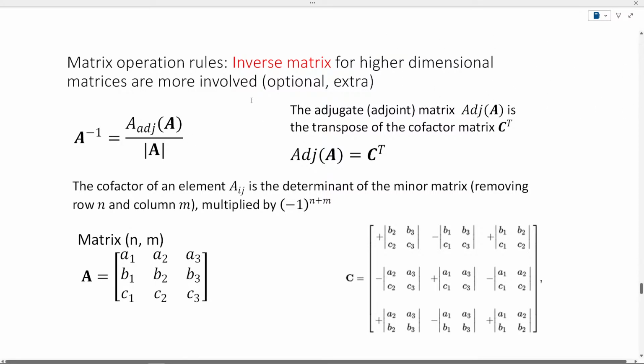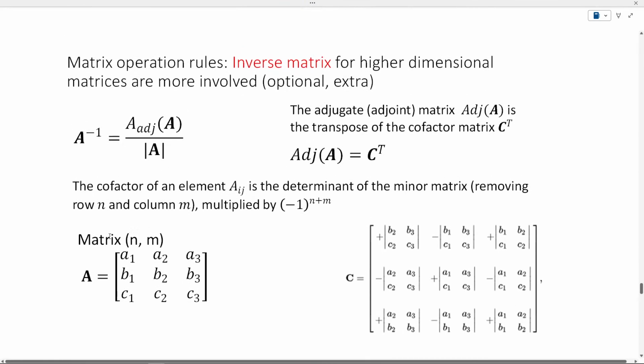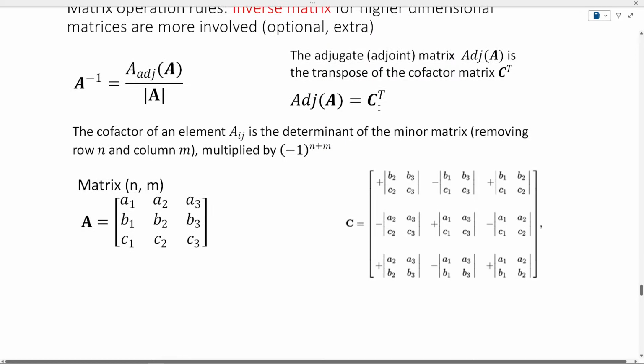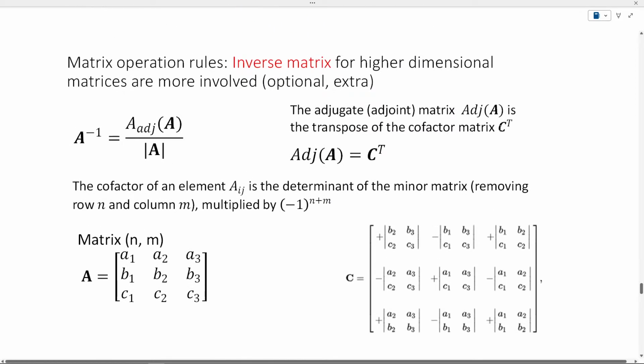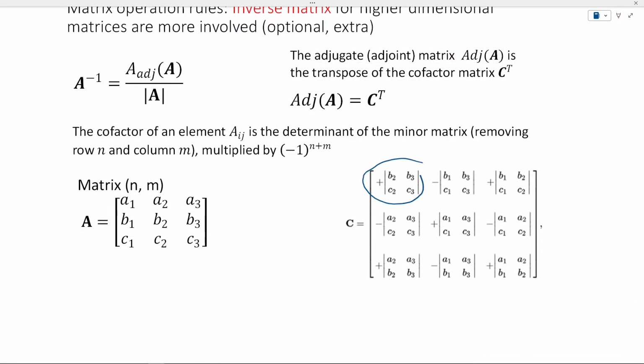Basically, if this is your matrix, it's 3 by 3 here, and you want to find the inverse. The inverse involves the adjoint matrix, which is the transpose of something called the cofactor matrix. And what is this cofactor matrix? This is how the cofactor matrix looks. You see this element here, for example, you do this, and that would be this guy. That would be this element here.